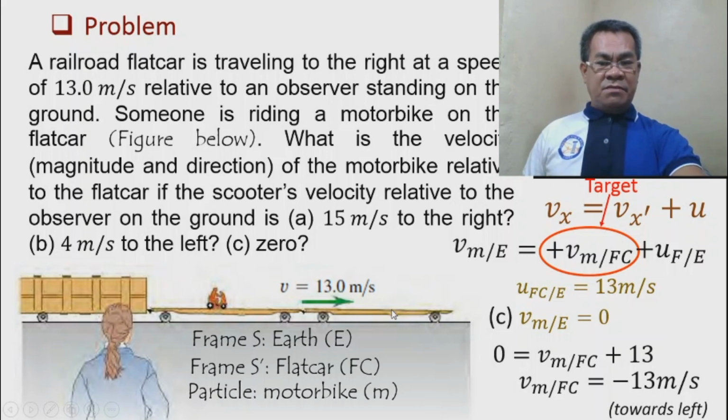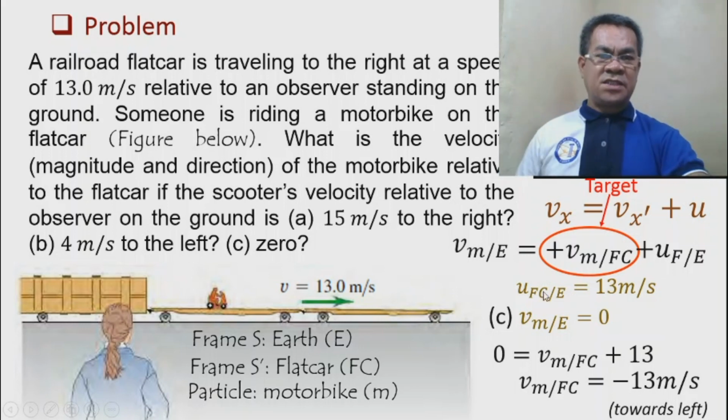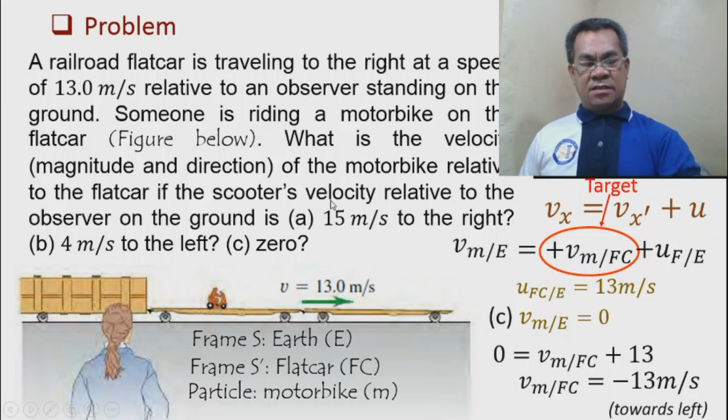So the observer on Earth says that the motorbike is at rest. But according to the observer inside the train, the motorbike moves 13 meters per second in the direction opposite to the motion of the flat car. So these are the answers to problems A, B, and C.